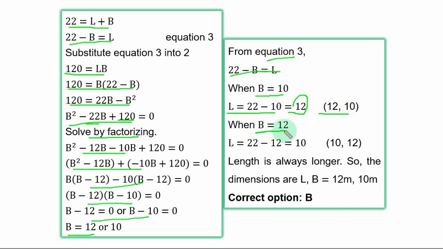When b is equal to 12, l becomes 22 minus 12, that is 10. You have this set of results. But you should know that the length is always longer. So the dimensions are length 12 meters, breadth 10 meters. The correct option is B.